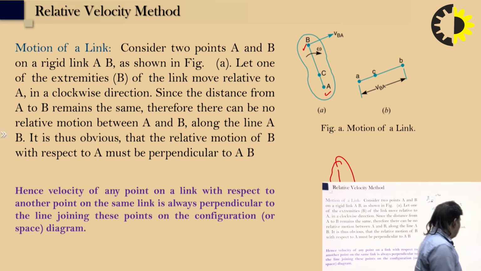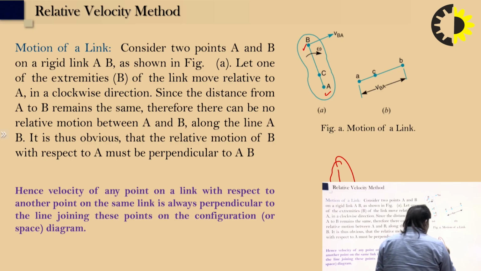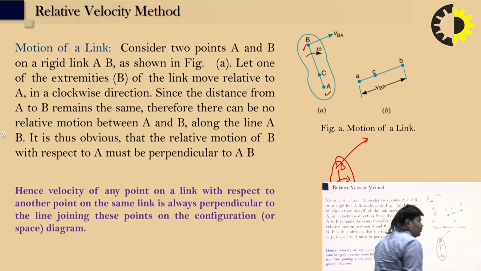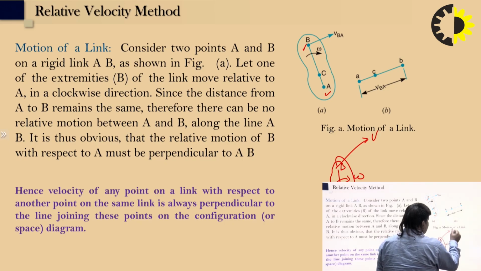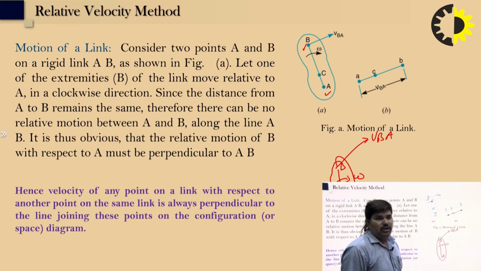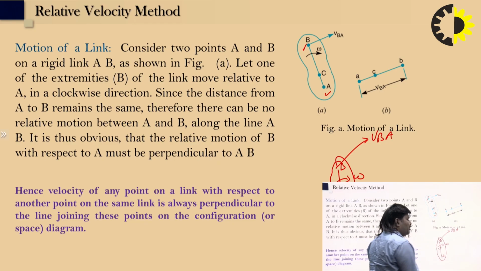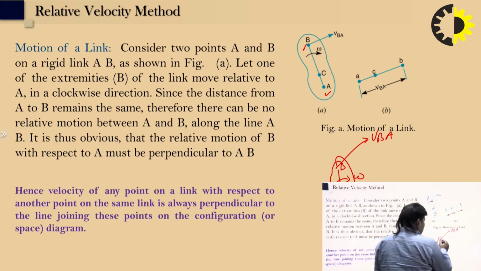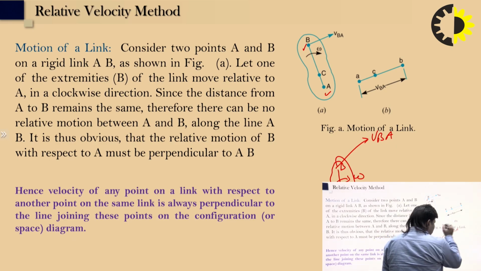Suppose there are point A and point B, and point B rotates with respect to A with omega in the clockwise direction. So you can say the velocity of B with respect to A. If you draw the velocity diagram, with point C at the midpoint, you can draw it perpendicular to link AB.